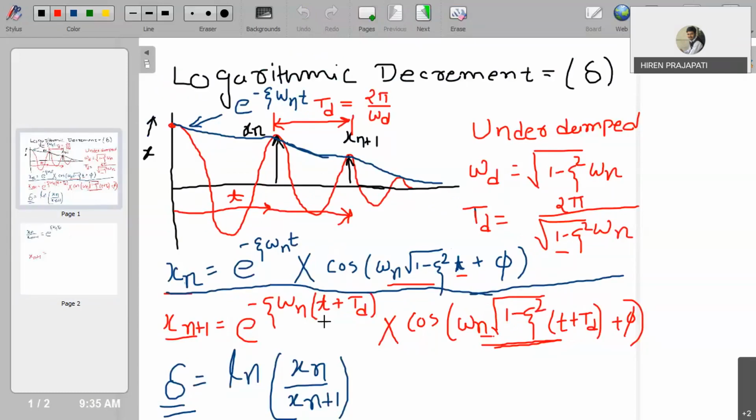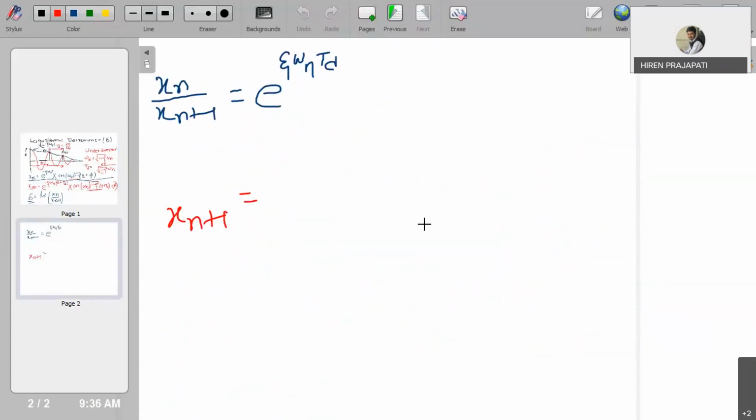If you look at this x n plus 1 equation, let me write it fully. This will be e to the power minus zeta omega n, t plus td.